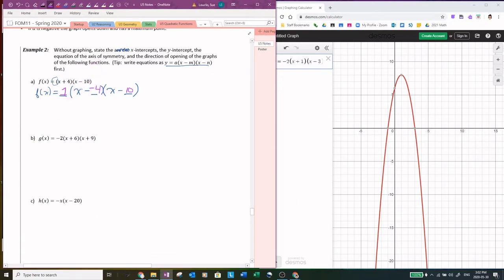All right, so the x-intercepts are my m and my n, so it's negative 4 and 10. My y-intercept is 1 times negative 4 times 10, which is negative 40. My a equals 1, therefore it opens up.